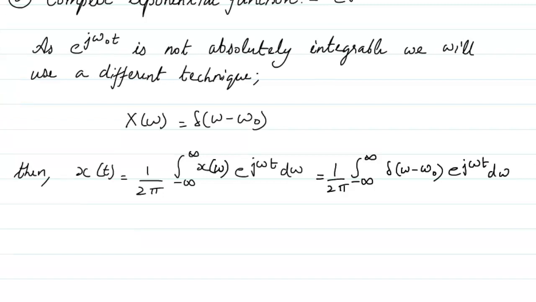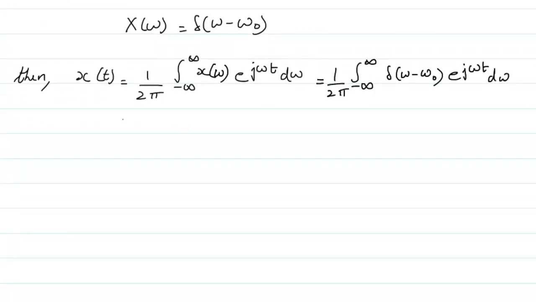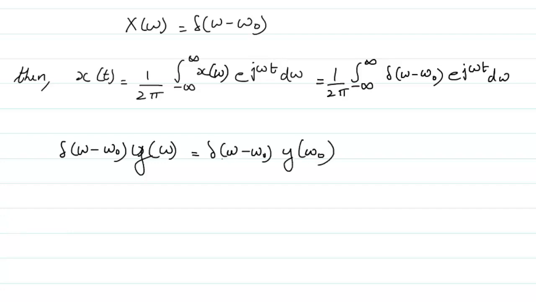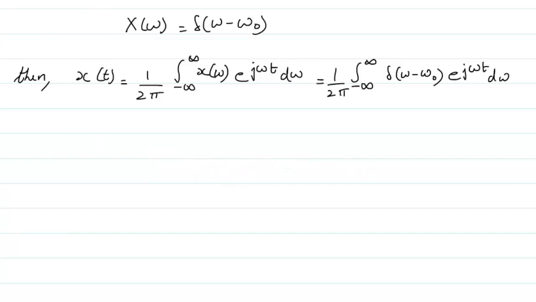We know this particular rule about the delta function or impulse function, that if you multiply any function, let's say y of omega, with delta omega minus omega naught, then it is as good as writing delta omega minus omega naught into y of omega naught. That means since this exists only at omega naught, it's as good as writing y of omega naught, and that's what we are going to do here.